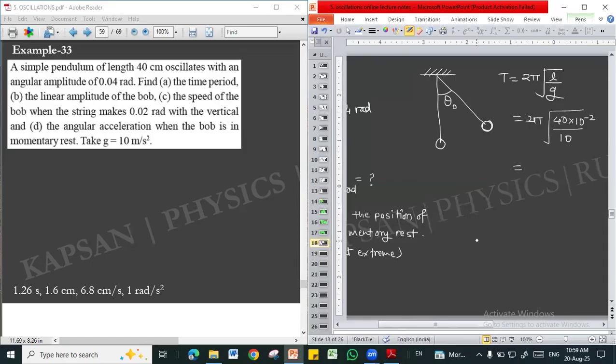So what is the time period? 4 pi is 12.56, 3.14 times 4 is 12.56. So it will be 1.256.